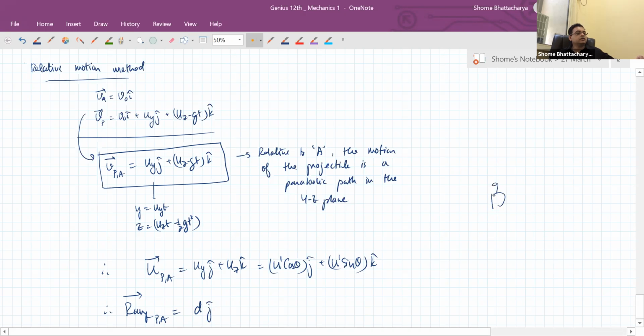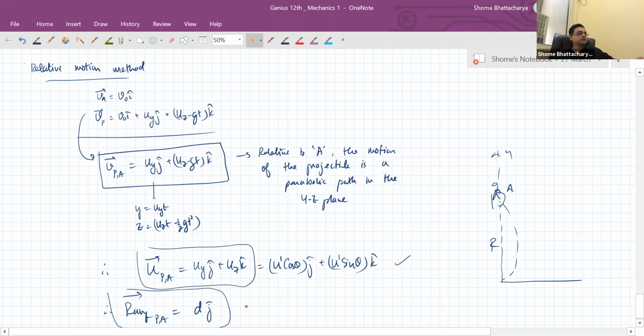Because to A, it will look like the projectile just came like this and hit it here. So the range is along the y-axis. Okay. So from this and this, you can see that d should be equal to u prime square sine 2 theta by g. So u prime square's minimum should be equal to g into d for theta equal to 45 degrees.